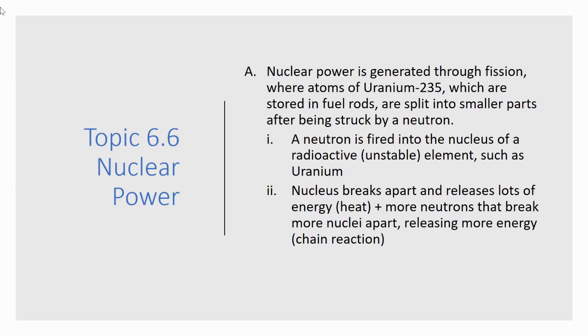Typically a neutron is fired into the nucleus of our radioactive, unstable element, uranium-235. That breaks it apart, releasing tremendous amounts of energy in the form of heat. It also creates more neutrons that break apart more nuclei, releasing more energy, causing a chain reaction.